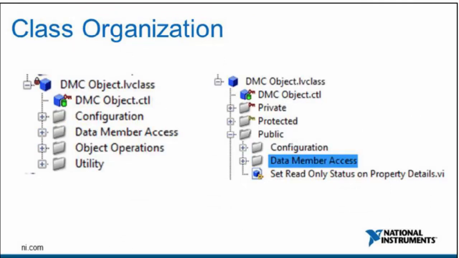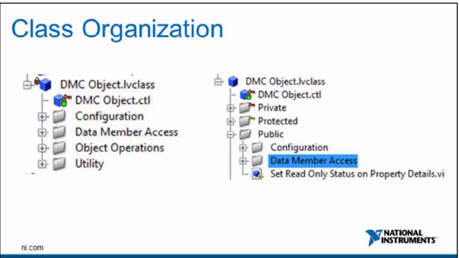The other aspect of organization is class organization. This is what your VIs look like inside your class. So we use virtual folders. We do not use folders on disk. On the left, there is organization by functionality. So configuration, data member access is a very common one.